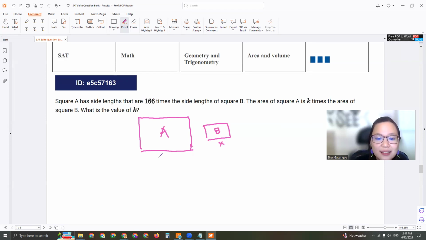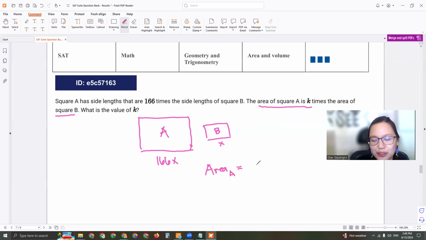This tells us that square A has a side length of 166x, correct? Okay, and then it's telling us that the area of square A is k times the area of square B. So let's say we have area of A. So I'm just writing it this way.